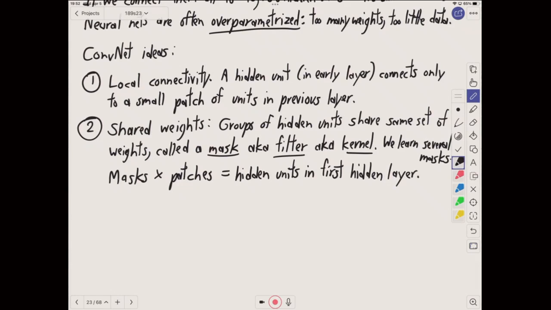Now, the nice idea here is that since we're applying the same mask to many different spots on our image, if one of those masks learns to detect edges, then suddenly we know how to detect edges everywhere in the image.